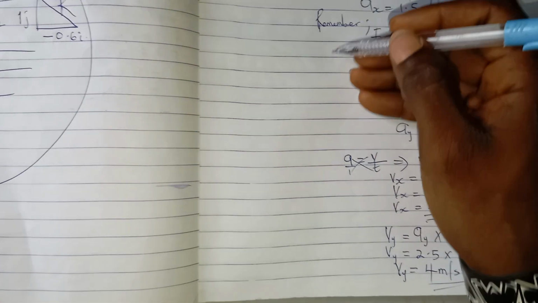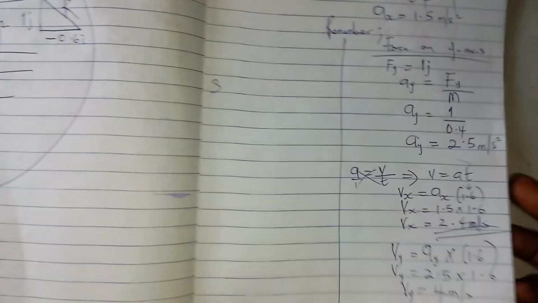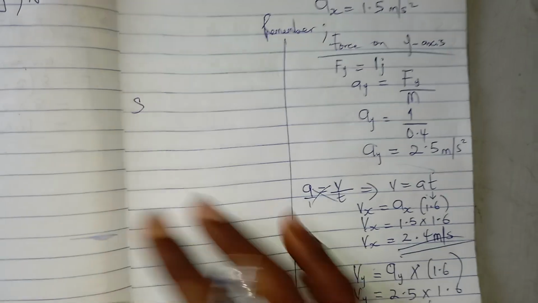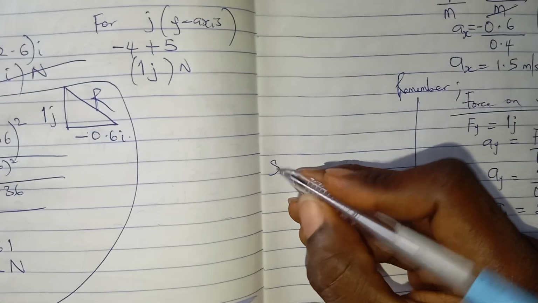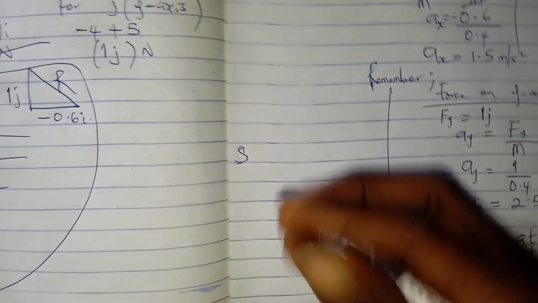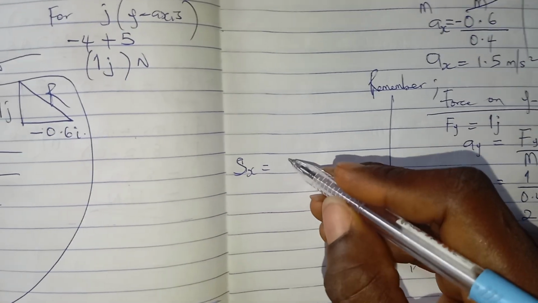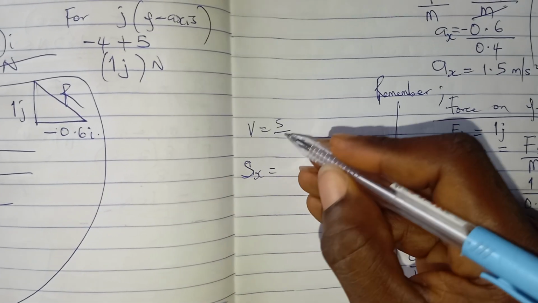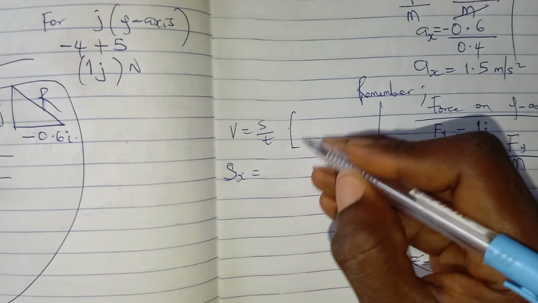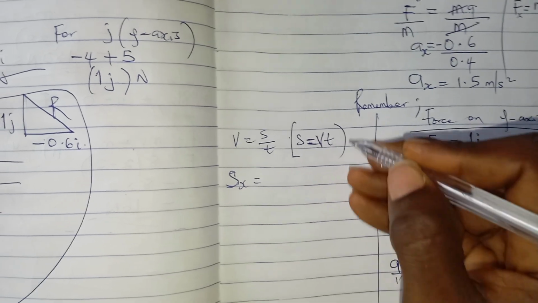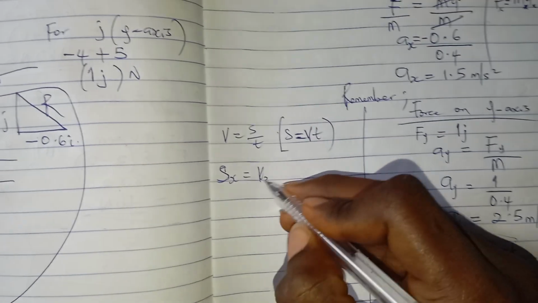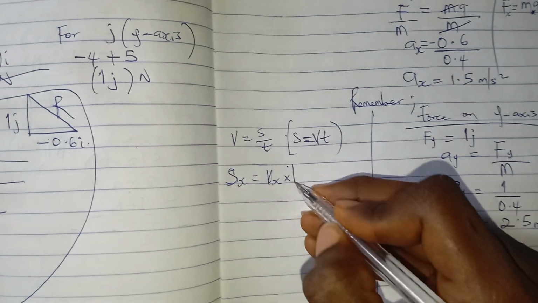So remember they asked us to find the position as well, which is S, displacement. We've gotten the velocity on the x-axis and y-axis, so now to find the displacement on both axes, we know that velocity is equal to displacement over time. Displacement, on the other hand, is equal to the product of velocity times time. So Sx is equal to Vx times t.